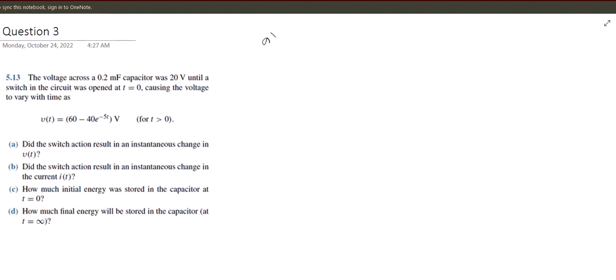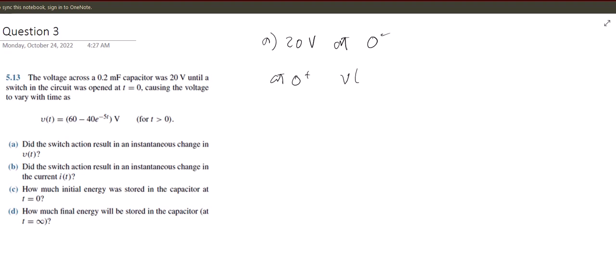So we said it was 20 volts at 0 minus. 0 minus means before 0, so all the way up to 0. And then at 0 plus, right at 0, it starts acting according to this function.